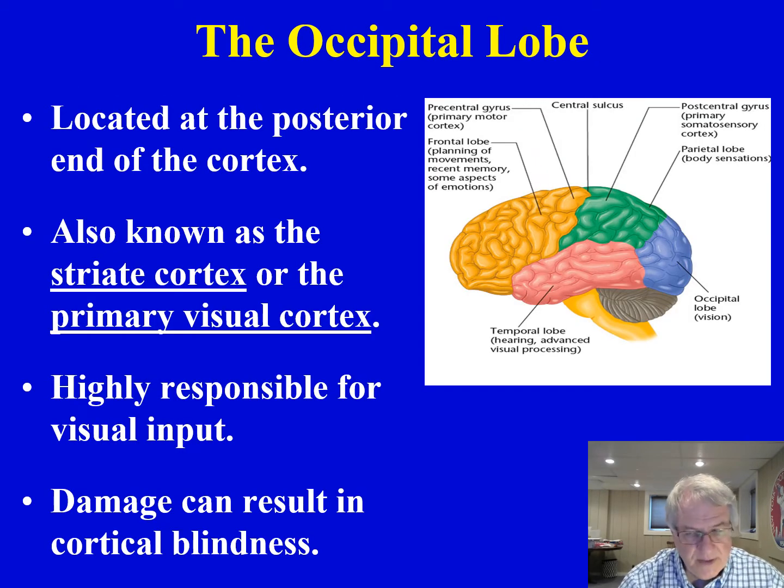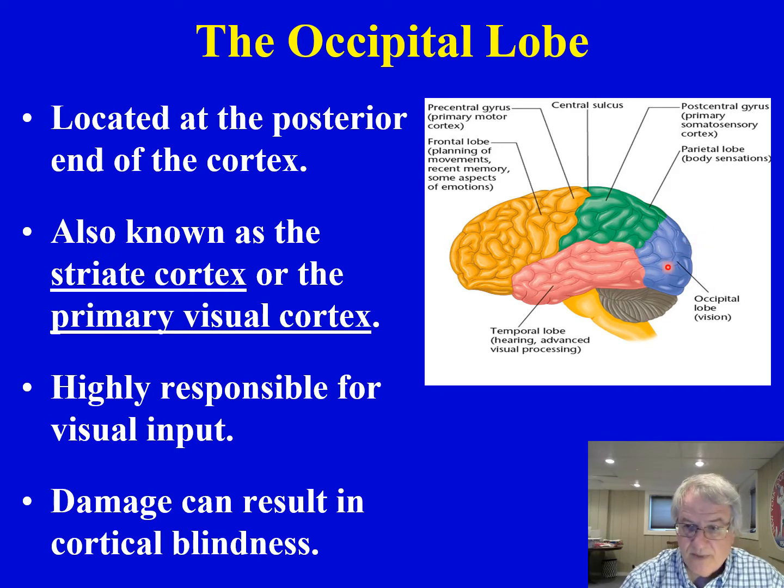So a little bit about each one of these lobes so you can have something to hang your hat on. Here's our occipital lobe that we see right here. This is the most posterior part of the cortex, and some call it the primary visual cortex, some call it the striate cortex, but obviously it's involved in mediating visual input.